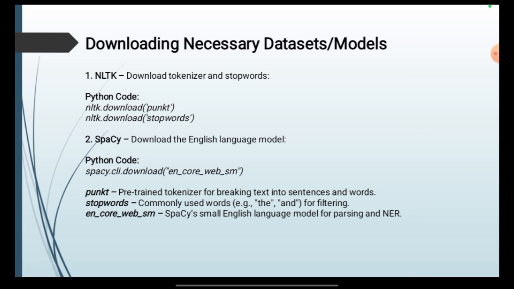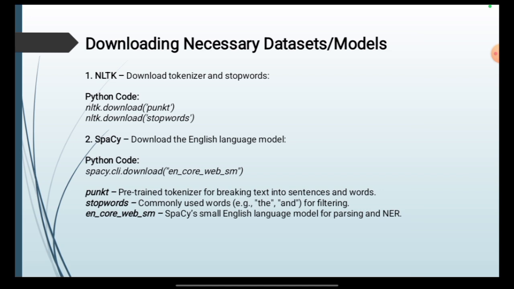So from these details we get to understand that to work with natural language processing effectively, you will have to download necessary datasets and models for libraries like NLTK and Spacy. NLTK provides the punkt tokenizer for splitting text into sentences and words, and the stop words dataset, which includes common words like the and that are often filtered out in text processing.